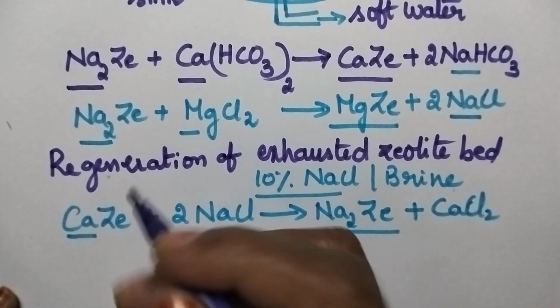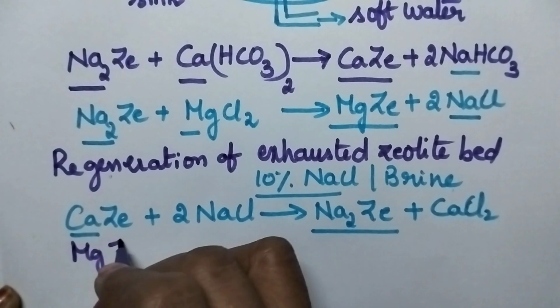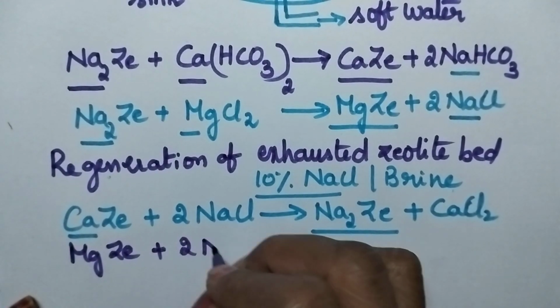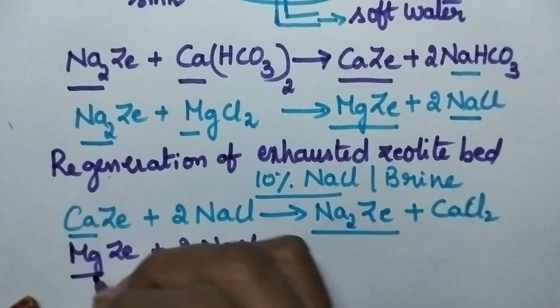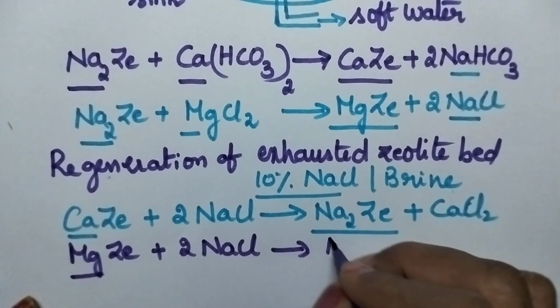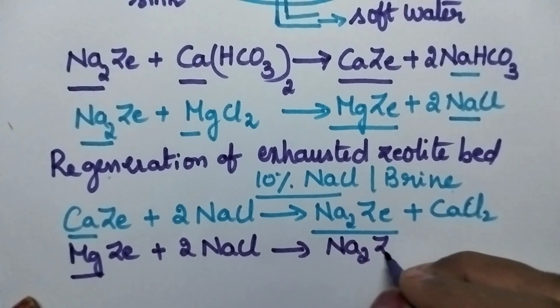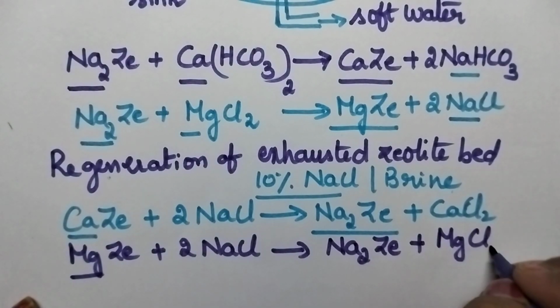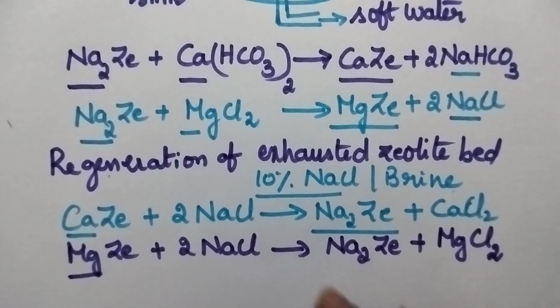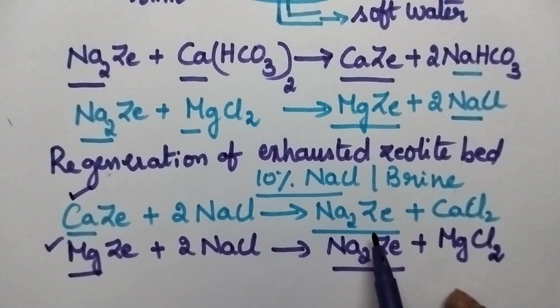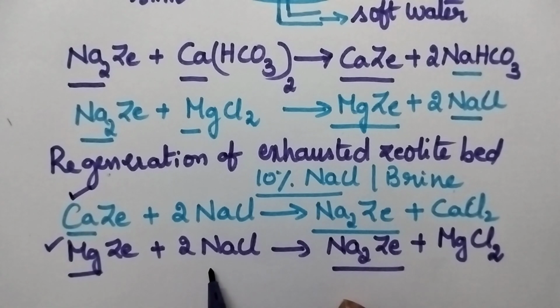In a similar way, the magnesium zeolite is also capable of exchanging its magnesium ions with the sodium ions, and thus it results in the formation of sodium zeolite along with magnesium chloride. So in this way, the exhausted zeolite bed can be regenerated by washing with 10% NaCl solution.